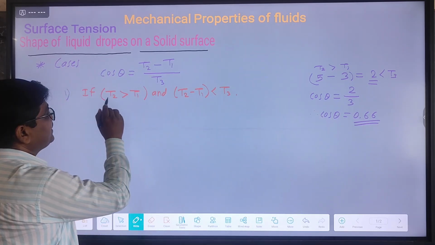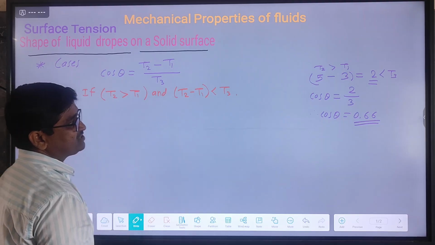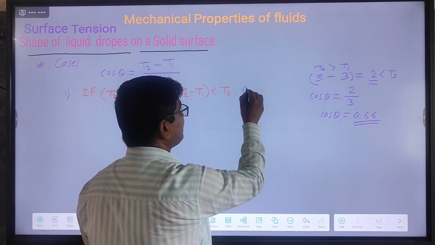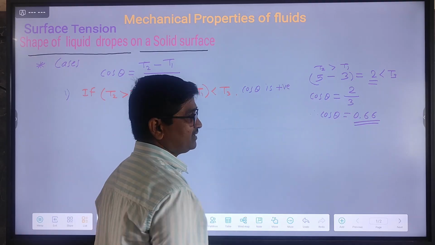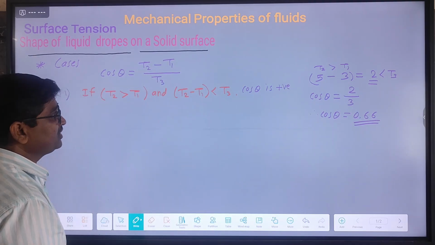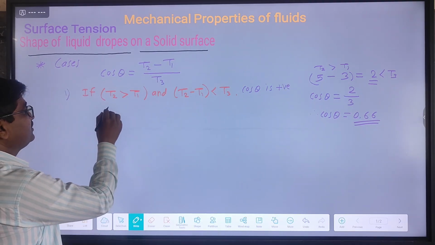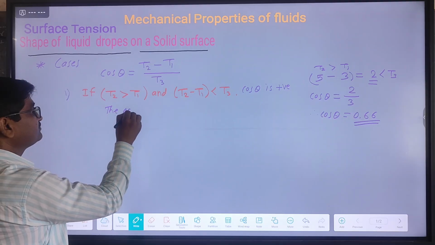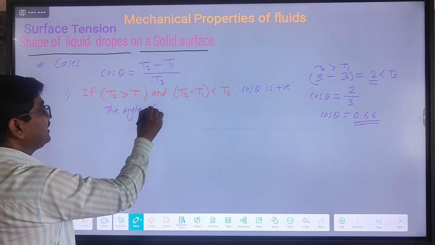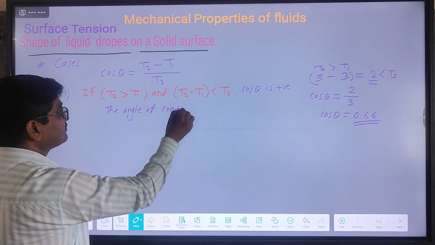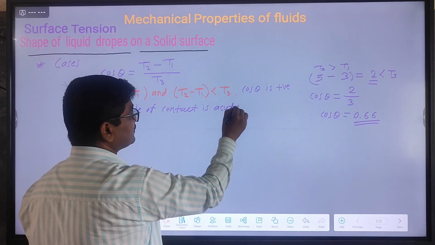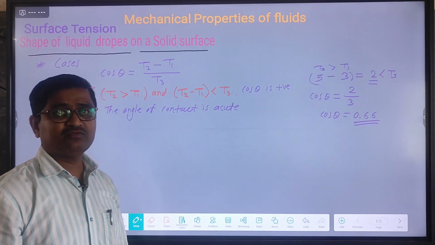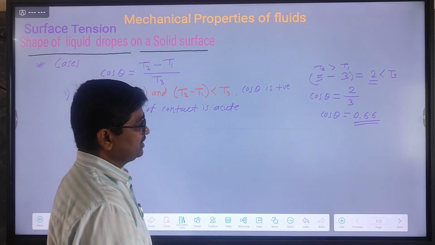It means if T2 is greater than T1 and T2 minus T1 is less than T3, then cos theta is positive, and if cos theta is positive, the angle of contact is acute. Okay, the angle of contact is acute.